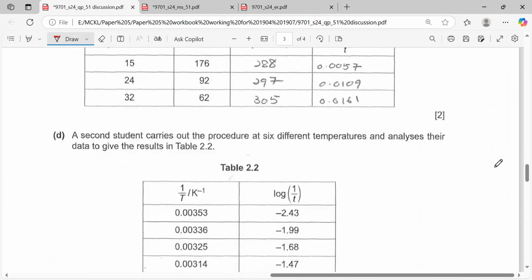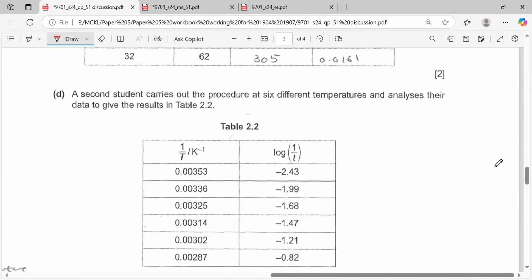Now next, a student carried out the procedure at 6 different temperatures and analyzed their data to give the results in table 2.2. So this is 1 divided by temperature, and this is the log of the rate. They just log the rate.